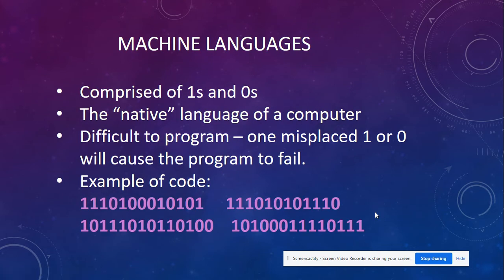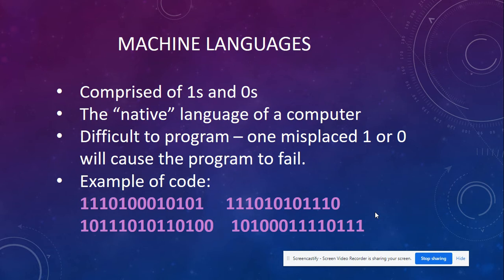All right, machine languages. We just finished the bits, the ones and the zeros. This is the native language of a computer. This is a machine language. Machine languages are at the very bottom level, right? The most native. You just deal with ones and zeros, right? That's machine languages.